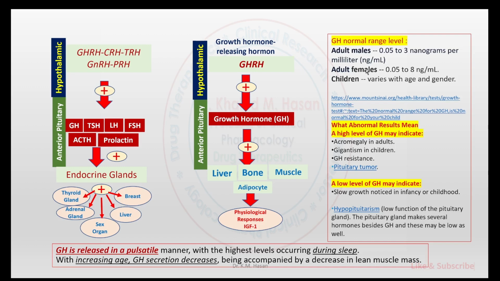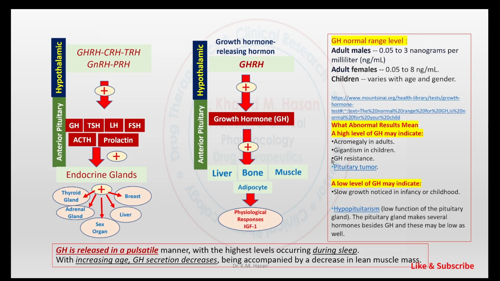So we have values in male, female, and children of different ages. You can see here in adult male we have some values. Adult female is a little bit higher, and children have different values according to age and gender. If the growth hormone level is high, this may indicate acromegaly in adults and gigantism in children.